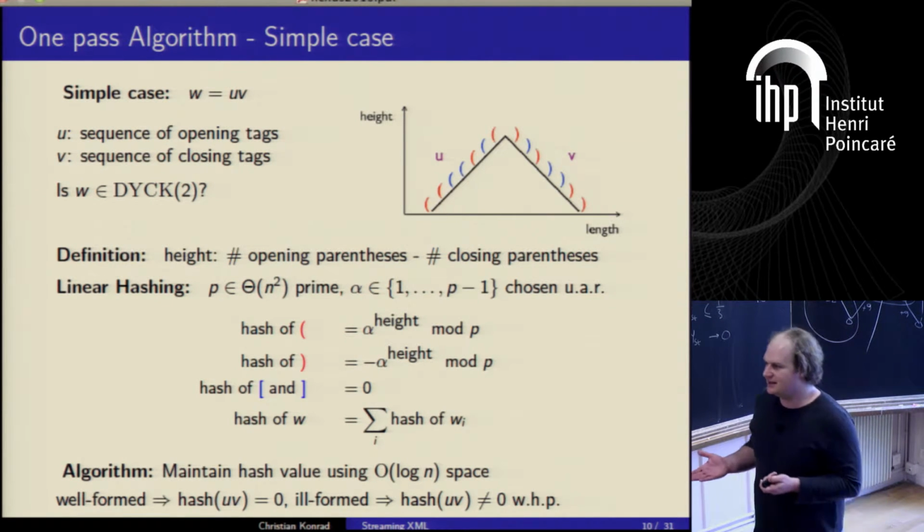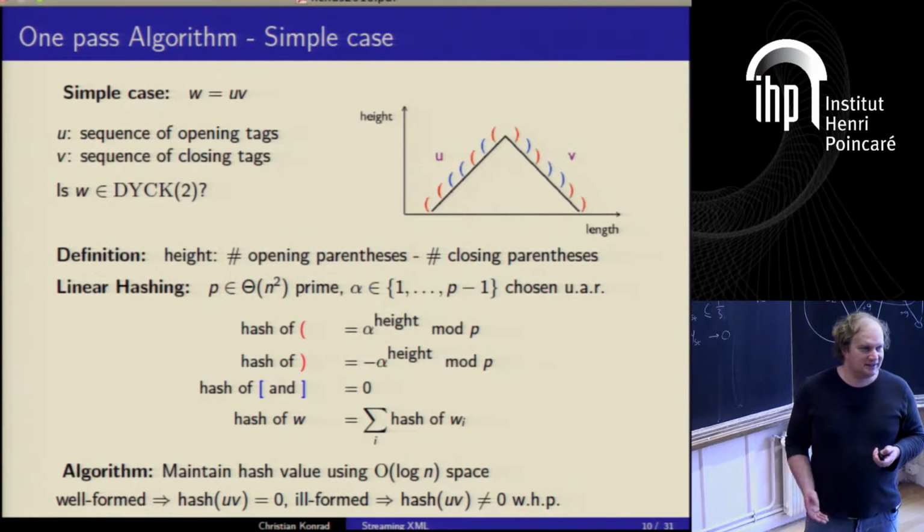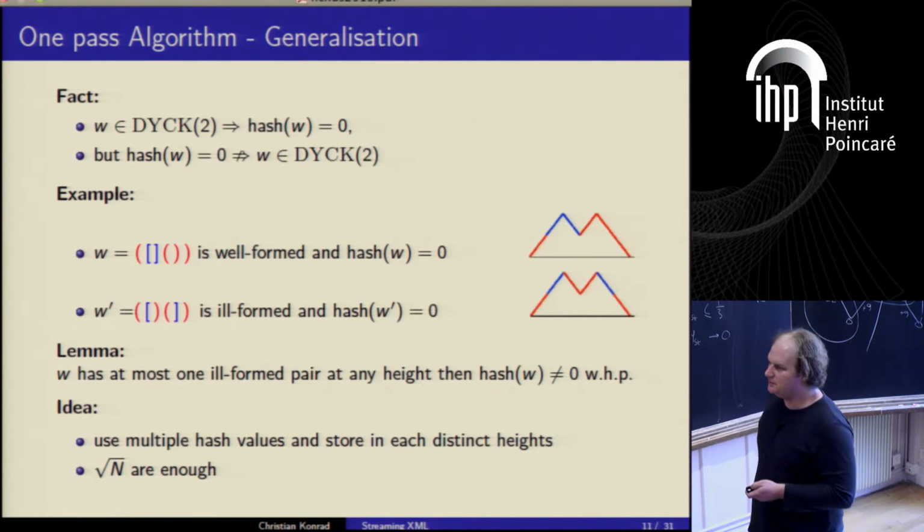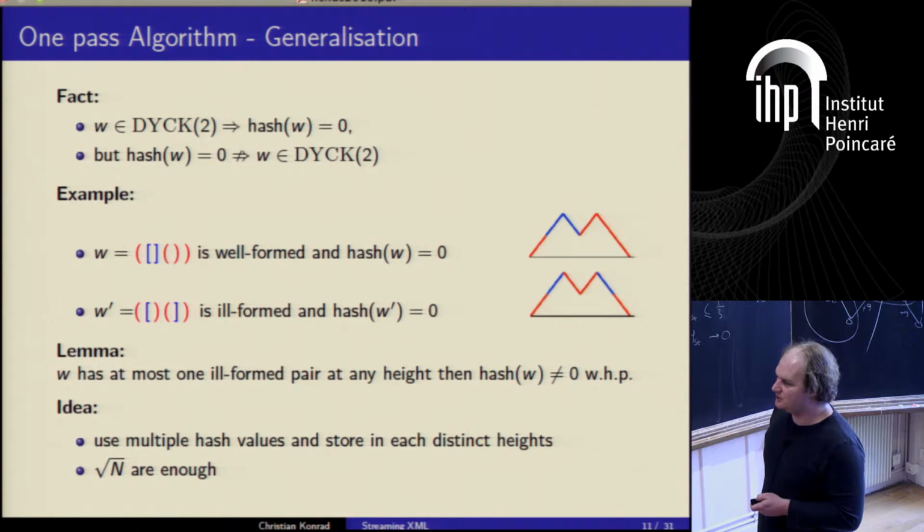But now, of course, the instances that we look at don't have this particular form. If we look at this instance, it is well formed, and the hash, if we compute it as before, would be 0. But this one is ill-formed, because here we have a blue opening parenthesis and it's closed by a red one here.